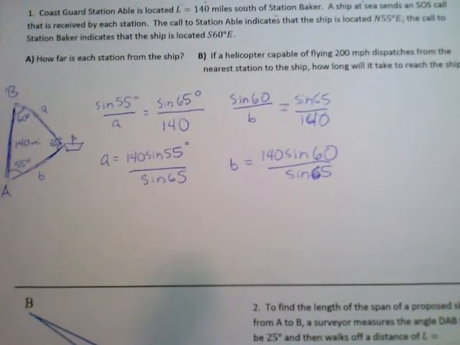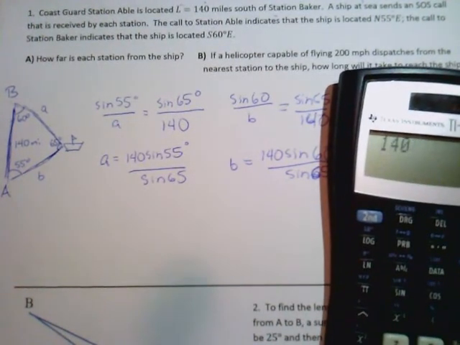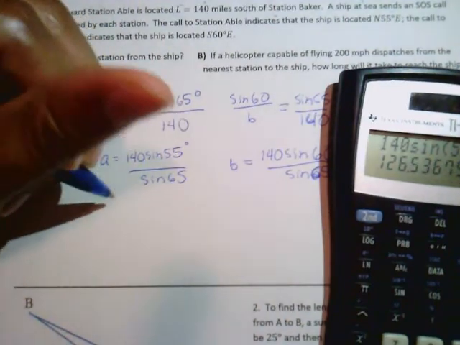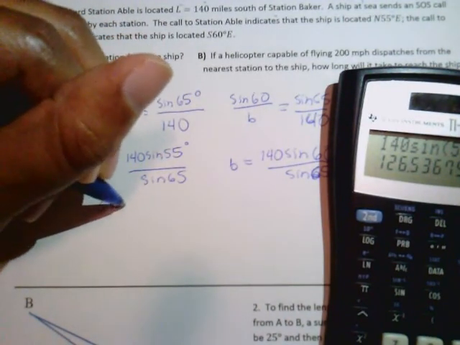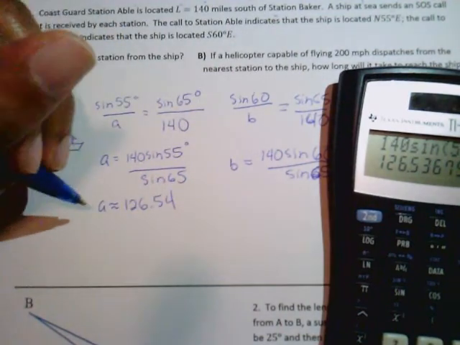Right. So now let's work these out. 140 sine 55 divided by sine 65 is going to equal 126.54.